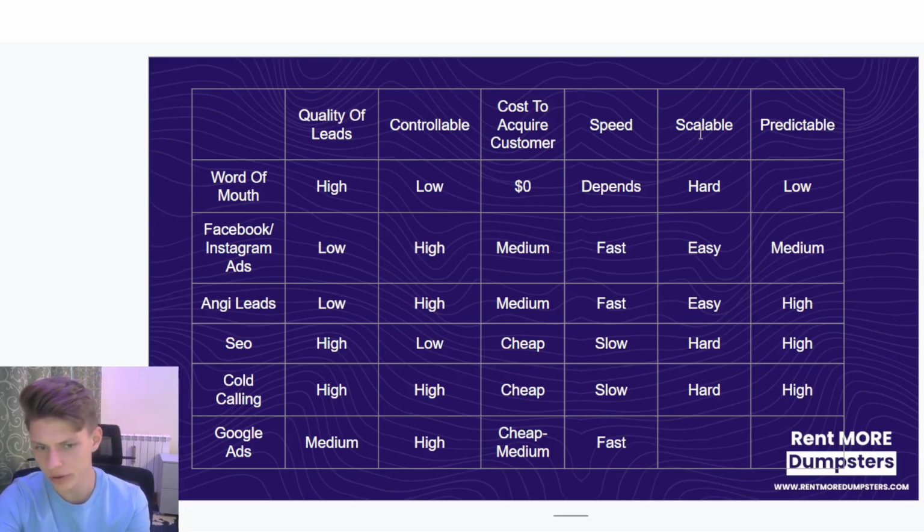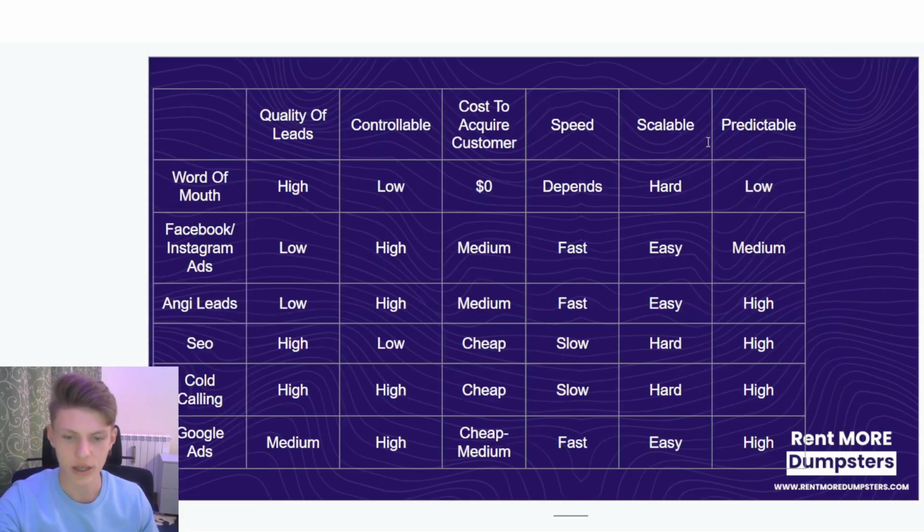On how scalable it is, again, it's really, really easy to scale a dumpster rental campaign with Google Ads. You just need to increase that budget, and that's pretty easy. And how predictable is it? It's high.